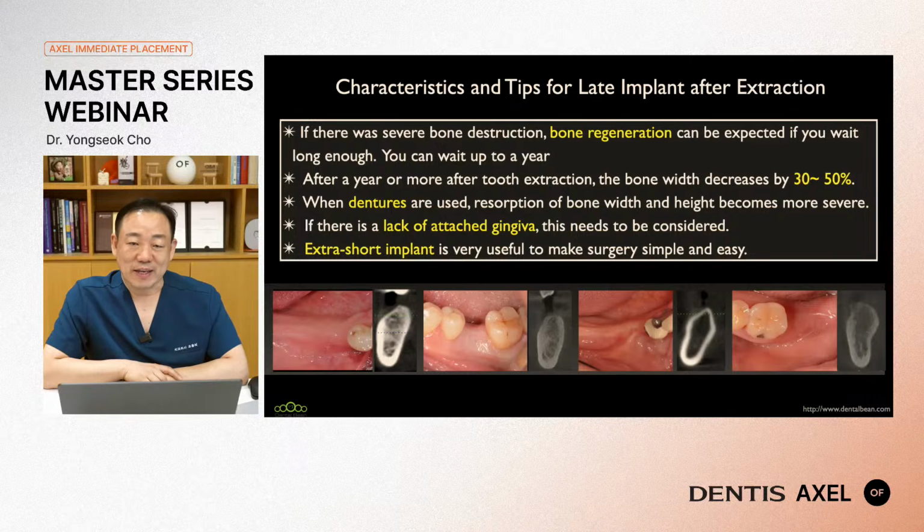When patients wear dentures, it reduces bone width and height more severely. If there is a lack of attached gingiva, this needs to be considered in late implant placement. Extra short implants are very useful to make surgery simple and easy.